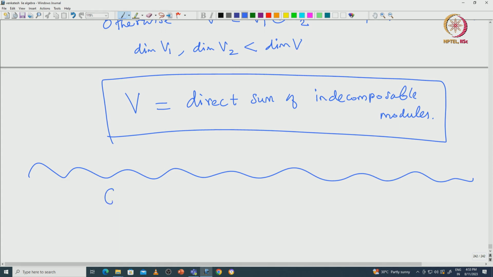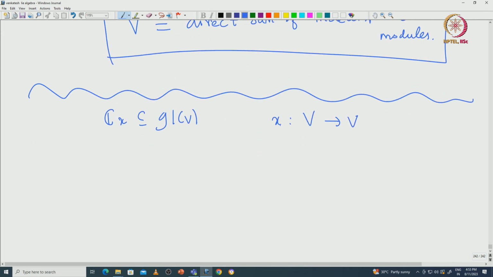Suppose you have this one dimensional space acting on this vector space V. I can think of this as an abelian Lie algebra, there is no issue. So, this x is acting on V. Now, what are we interested in? We are interested in how this x acts on V, and from a computational point of view, one is interested in understanding how to compute, for example, the trace of x, the determinant of x and so on.